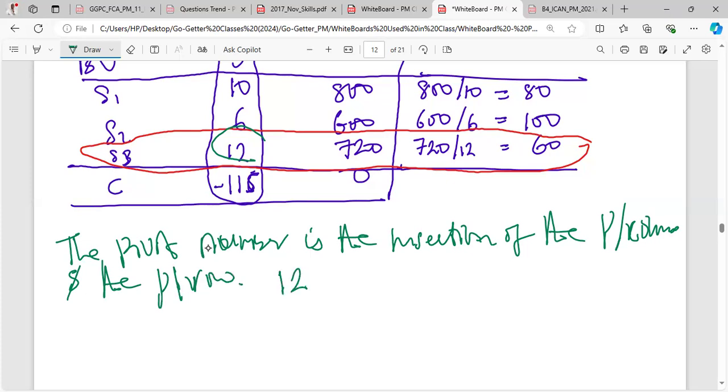So 12 is the pivot number. Okay, so we have identified the king.